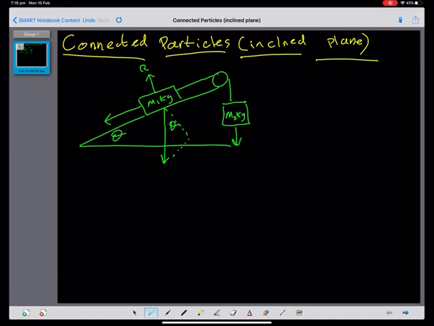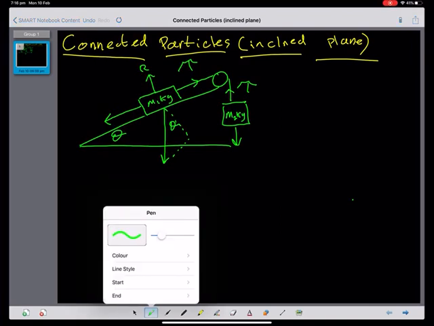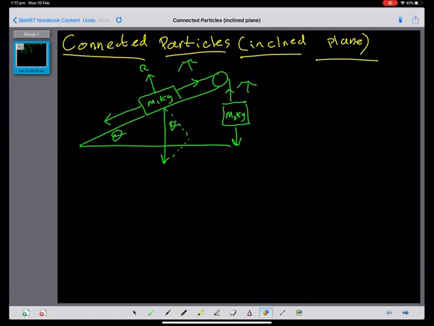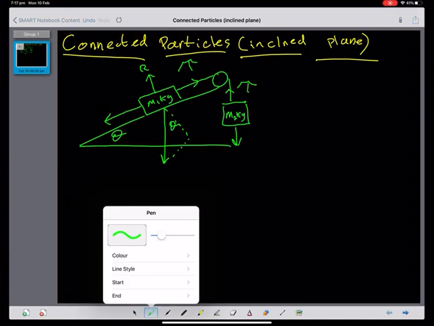There are a few things we need to look at. Because it's connected, the tension is going to be the same throughout the string. If we incline a plane at an angle theta, the resulting angle down is going to be theta also, and I've done that on the diagram. The weight acting down the plane is going to be m1 g sine theta, using simple trigonometry.